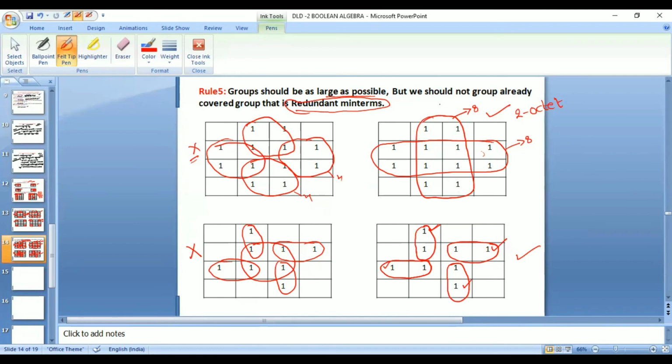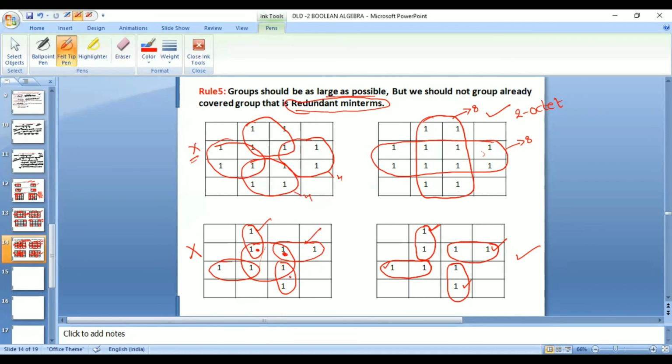But while grouping, we need to concentrate on this point also. We should not group an already covered group. So in this particular example, if you see here, this minterm is already covered with this one. This minterm is already covered with this pair. And this minterm is already covered with this pair.